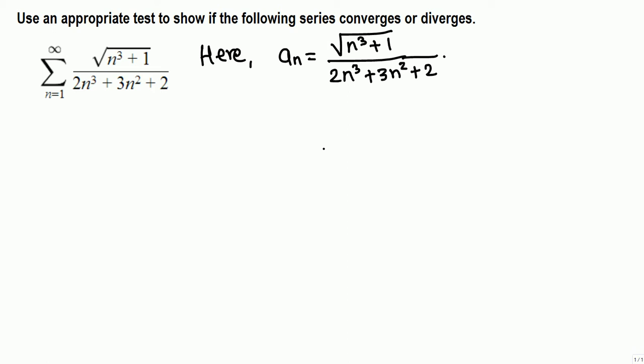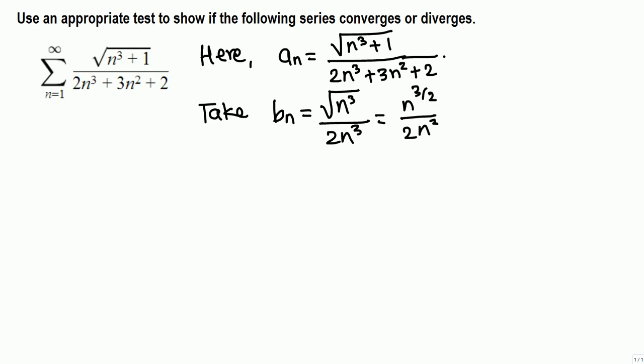Okay, let's try to use one of the tests. Let's write down the leading terms from the top and bottom and compare with a new series. Let's take a new series whose general term bn is just the leading terms: square root of n cubed over 2n cubed, which is the same as n raised to 3 halves over 2n cubed.